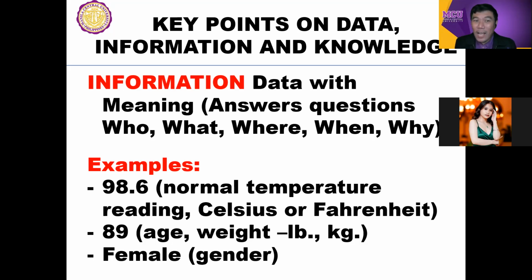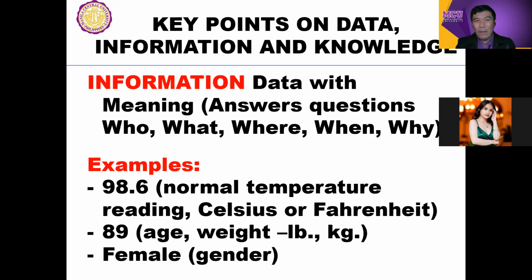That translates into knowledge. 89 could be the age, and it could also be weight. So it may depend on whether the 89 is in pounds or kilograms. These are the questions that are addressed at the level of data. And female as gender. There is also the question: if female, is it human or animal?